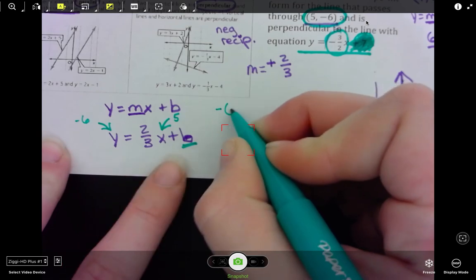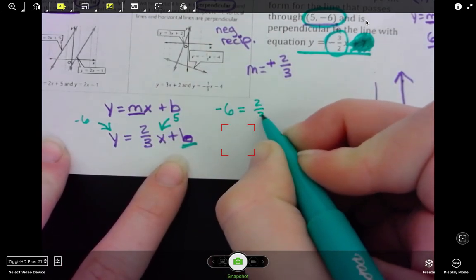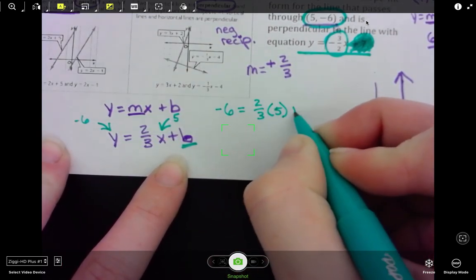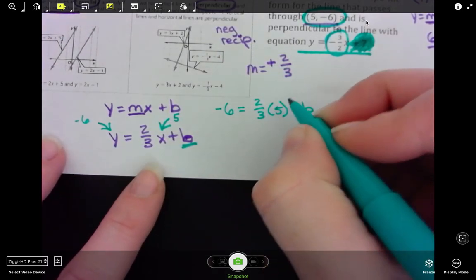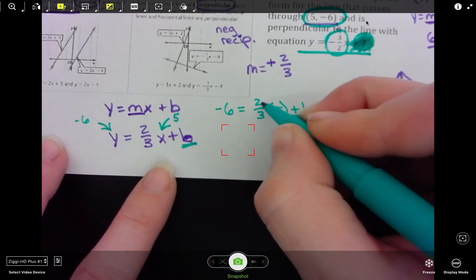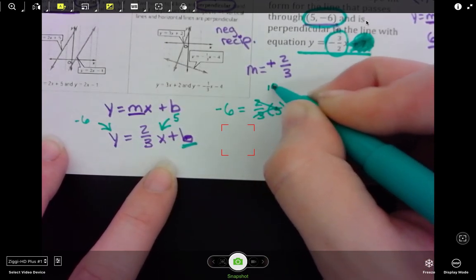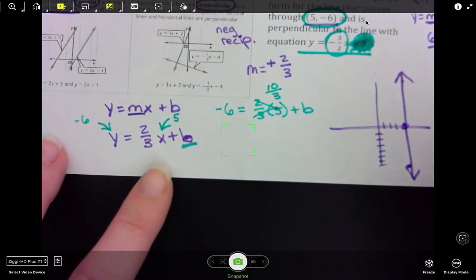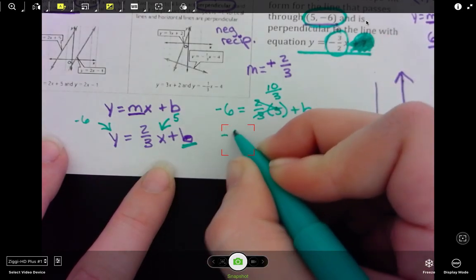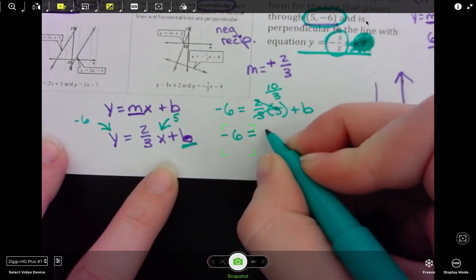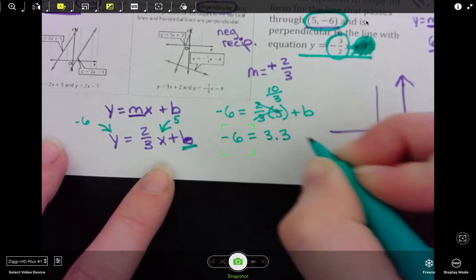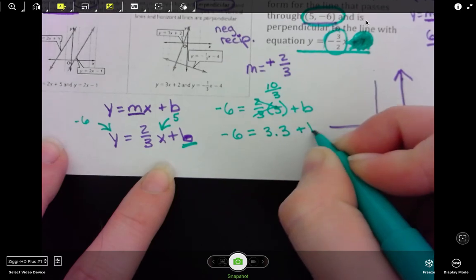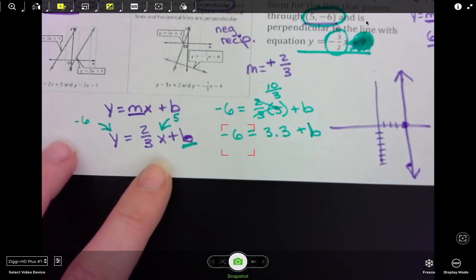So this will look like -6 equals 2/3 times 5 plus b. 2/3 times 5 is, oh my goodness, 10/3, or 10 over 3 is like saying 3 1/3, so 3.3 repeating. I'm going to convert that to a decimal, so 3.3.